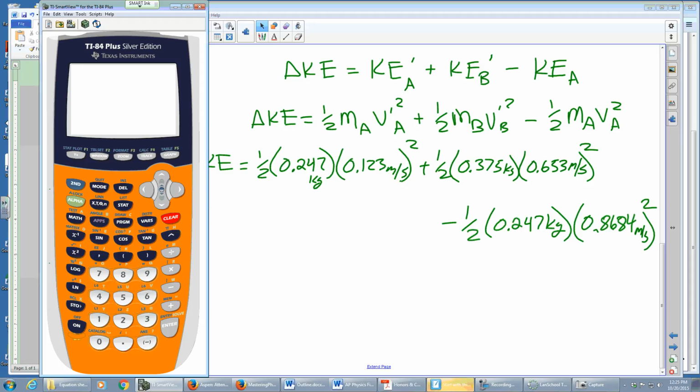Sure, I'll put it in. 0.5 times 0.247 times 0.123 squared plus 0.5 times 0.375 times 0.653 squared minus 0.5 times 0.247 times 0.8684 squared.